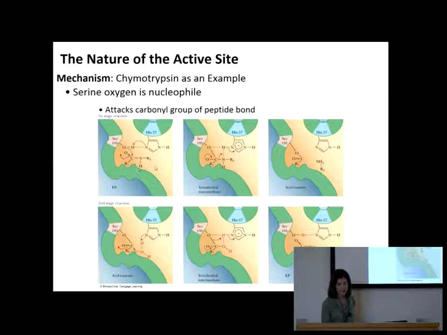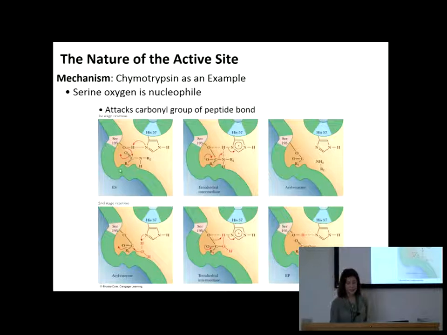And so what we have in the first phase is that our substrate, the peptide, is going to come into the active site, and it's going to anchor there by a hydrophobic amino acid side chain, and this is called the hydrophobic pocket. The serine with the hydroxyl group and the histidine with the nitrogen already have a connection with the hydrogen bond.